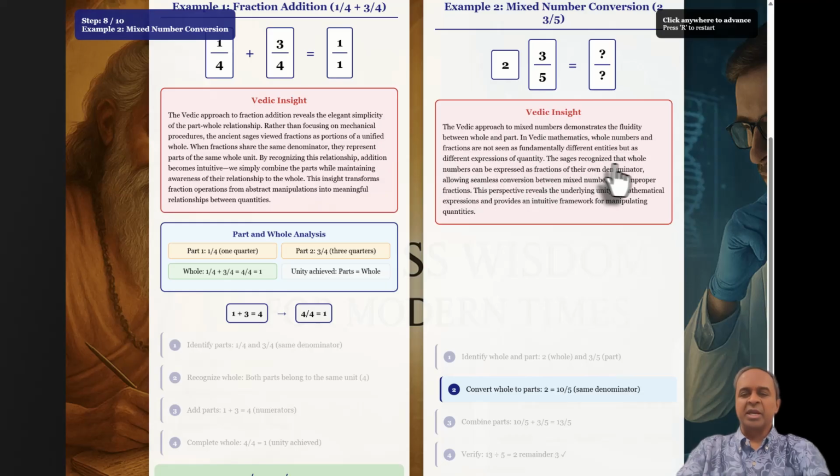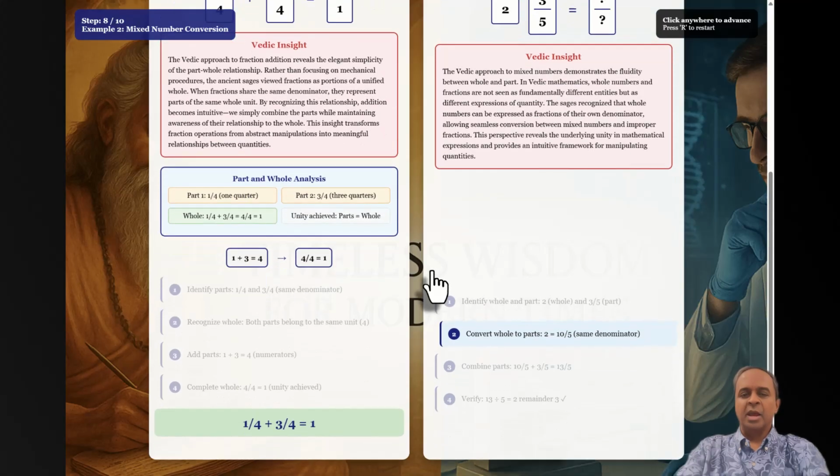So the sages recognized that whole numbers can be expressed as fractions of their own denominator, allowing seamless conversion between mixed numbers and improper fractions. This perspective reveals the underlying unity of mathematical expressions and provides an intuitive framework for manipulating quantities.